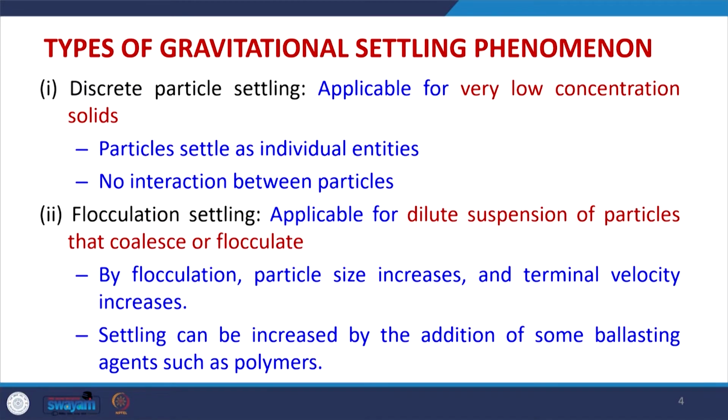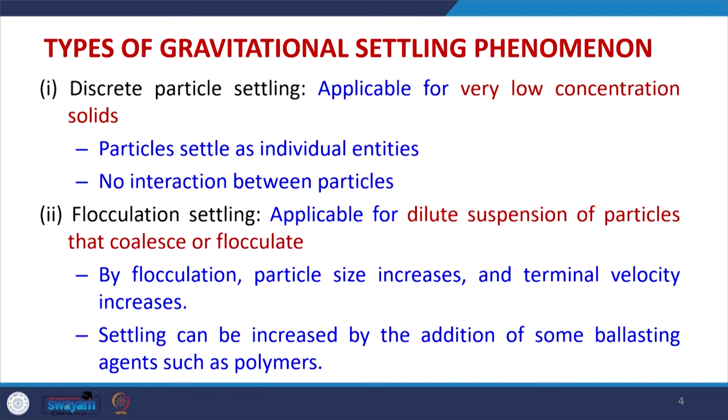So, we will study these different types of settling a little bit, and then further we will study in detail these settling behaviors. Discrete particle settling is only applicable for very low concentration solids. Very individual particles are there and they are settling down. They settle down as individual entities only, and there is virtually no interaction among the particles, and so this is discrete particle settling.